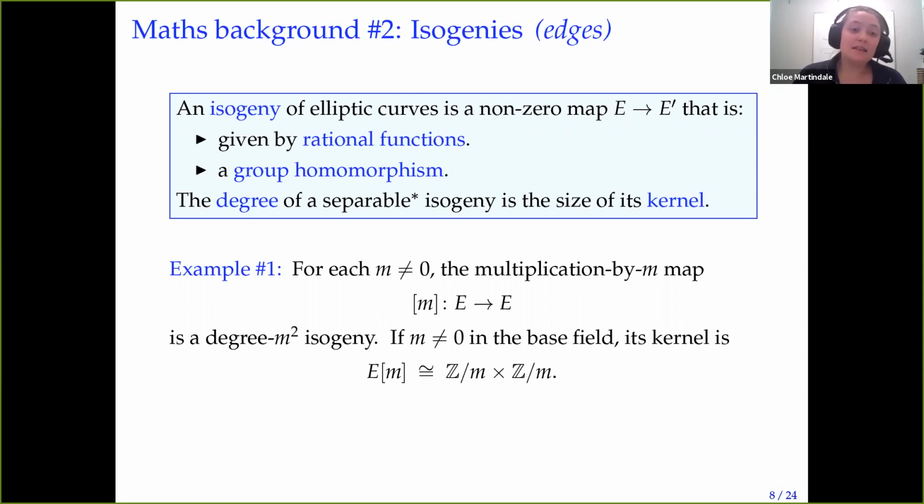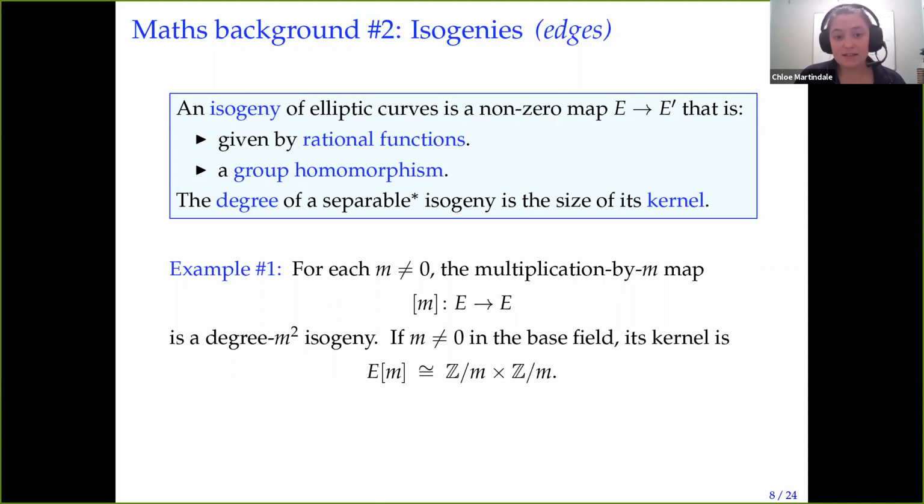And so if you have a degree m squared separable isogeny, what do we know? Then the size of the kernel is m squared. And in fact, in this case, we know a little bit more. The kernel is isomorphic as a group to Z mod mZ cross Z mod mZ. So it's just a product of two cyclic groups.